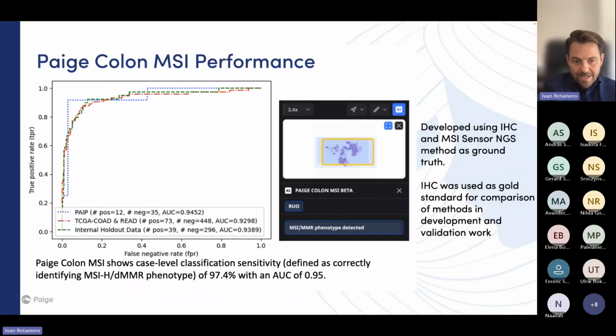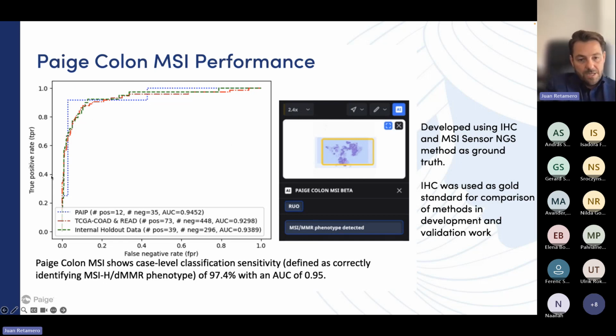Now, what does that tool look like and how does it work? Essentially, it is a binary detector that tells you whether the MSI high phenotype is detected or not. Whenever the MSI high phenotype is detected, it will display a warning message on the screen. The performance of this screening tool is what you can see here on the screen.